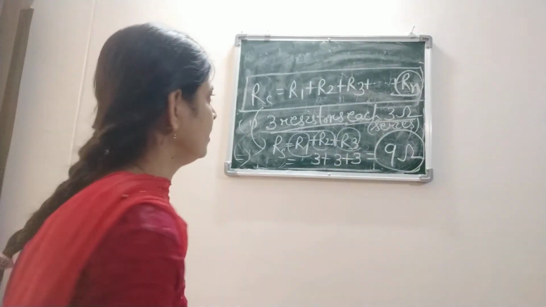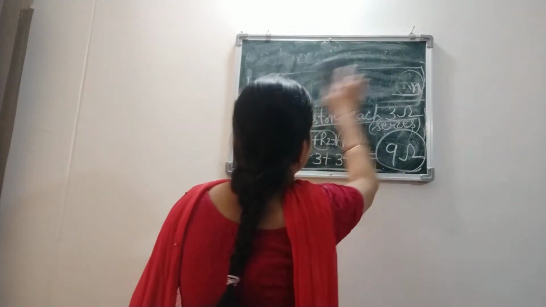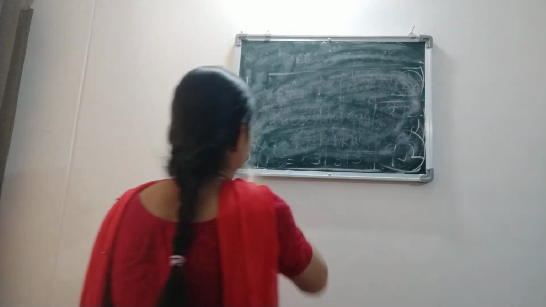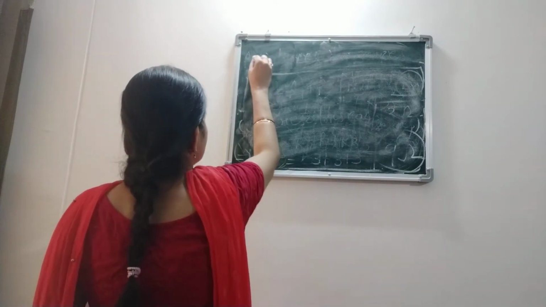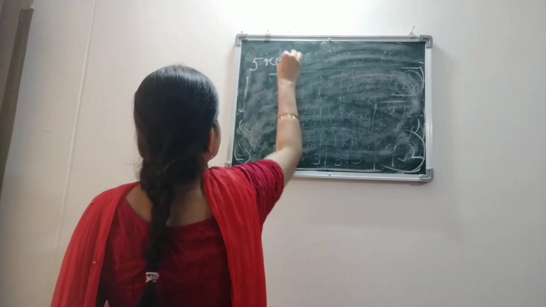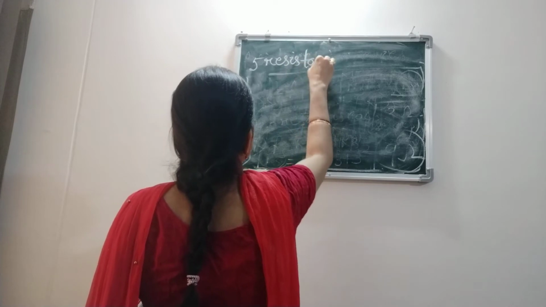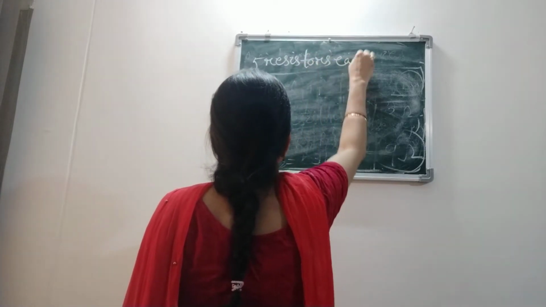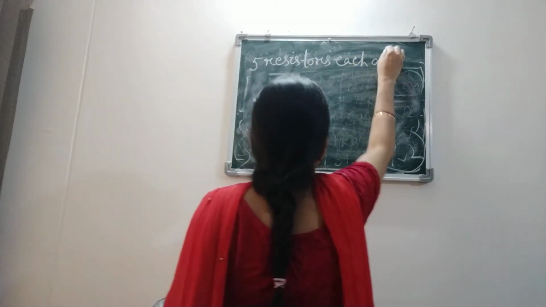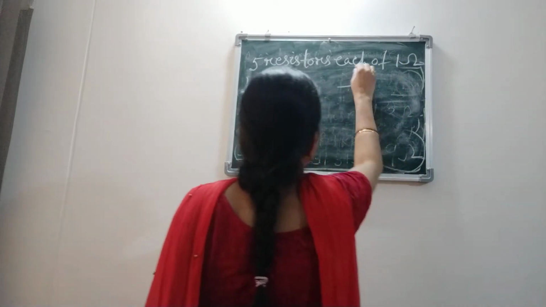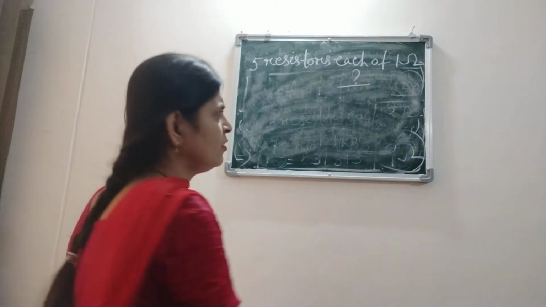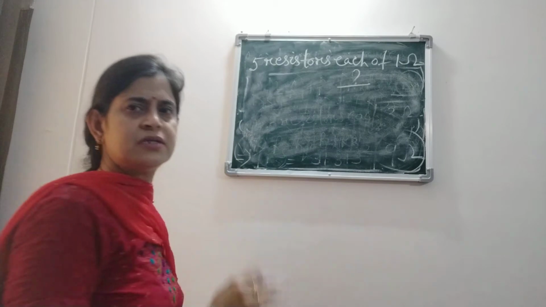Clear? Now if we take 5 resistors, each of value 1 ohm, then what will be the value of the resultant resistance?